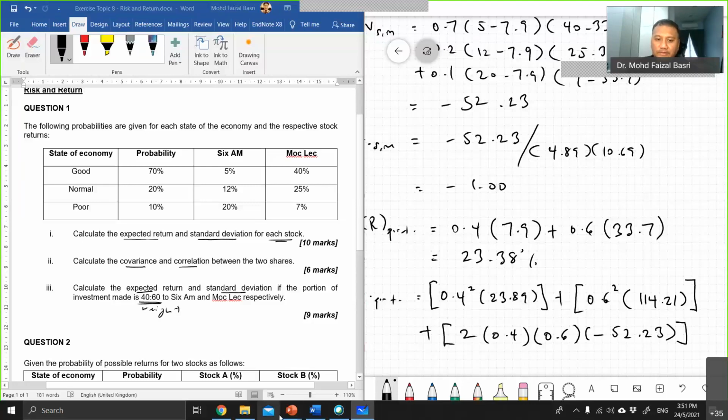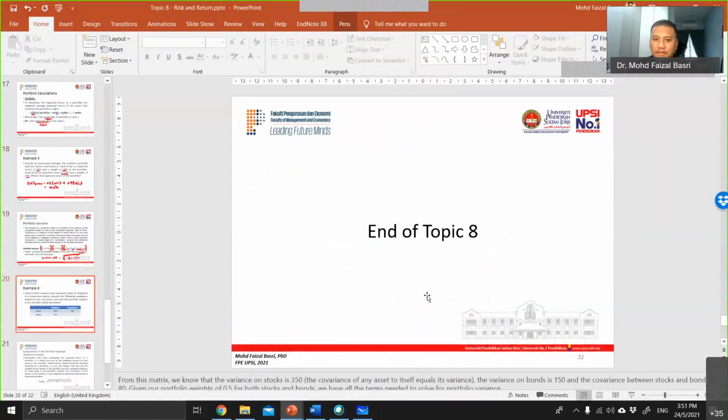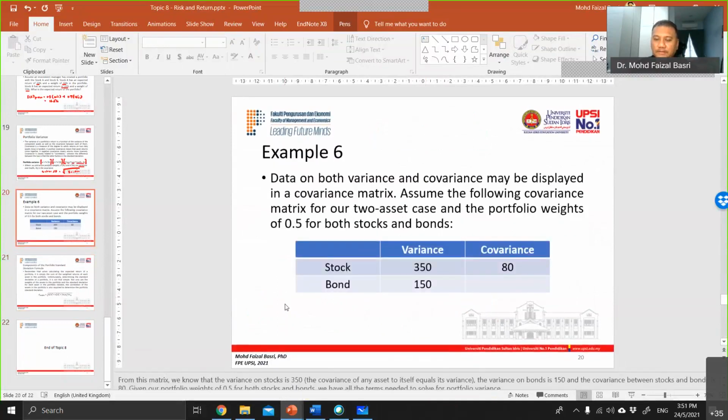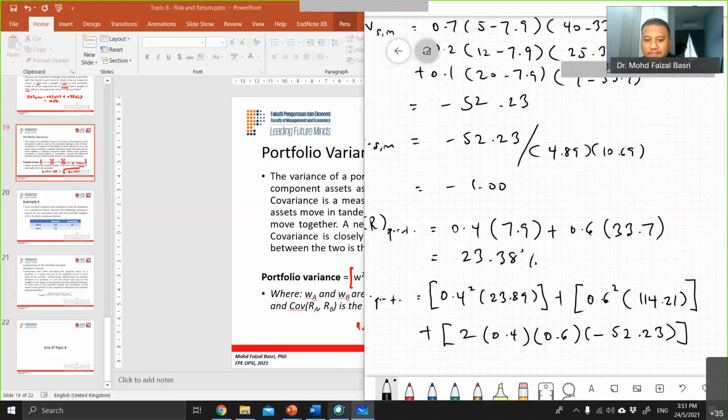As a recap, this is the formula: weight of stock A squared times the variance of stock A, plus weight of stock B squared times the variance of stock B, plus 2 times weight A times weight B times the covariance. That's what we get here.